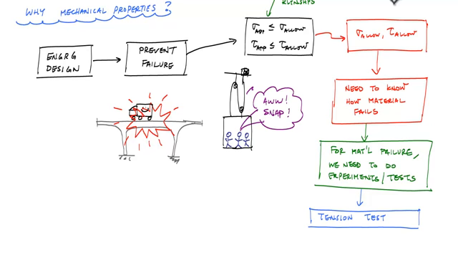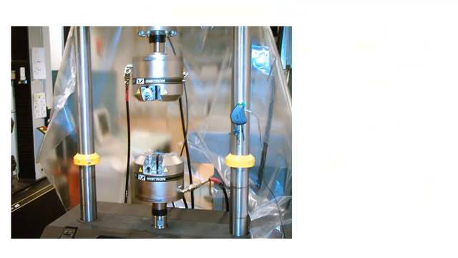There are machines that are built specifically to pull and compress materials so that you can break stuff, to do an actual test, and they cost hundreds of thousands of dollars. What you're looking at here is a servo hydraulic actuator whose real function is just to move this head up and down, back and forth, so that you can pull apart or push and crush materials that you're going to put inside these grips.